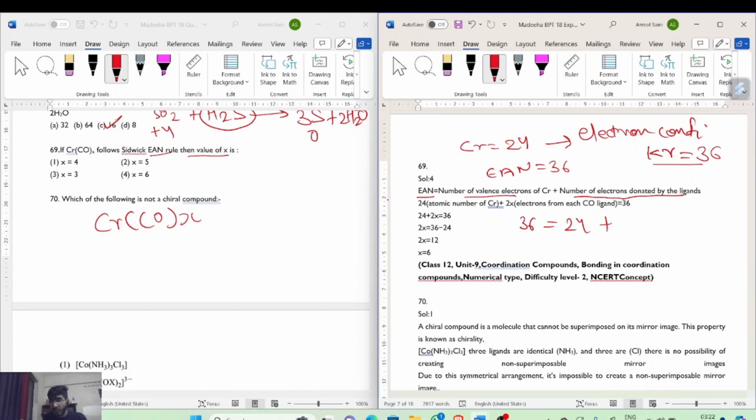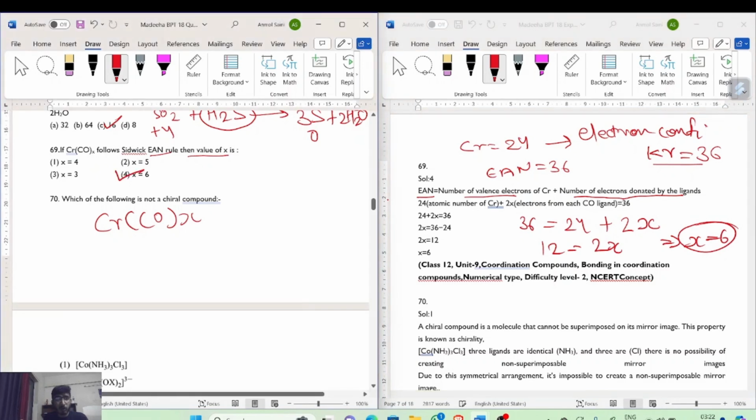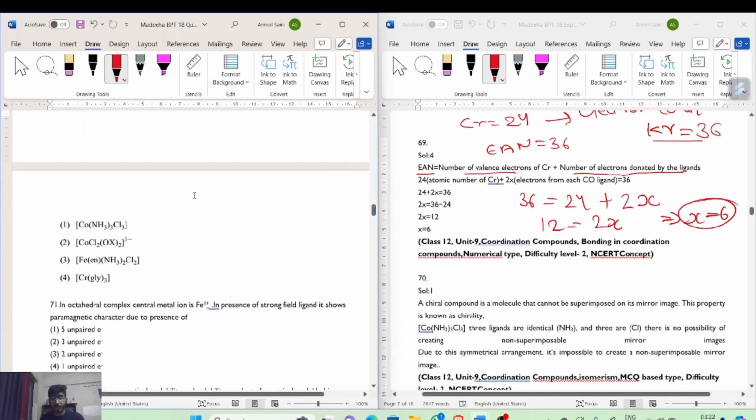Each ligand will donate 2 electrons, and we have to calculate how many ligands we need. Taking the number of ligands as x, we get 36 = 24 + 2x. So x is equal to 6, and the correct answer is option number 4. We require 6 CO ligands. Now question number 70.